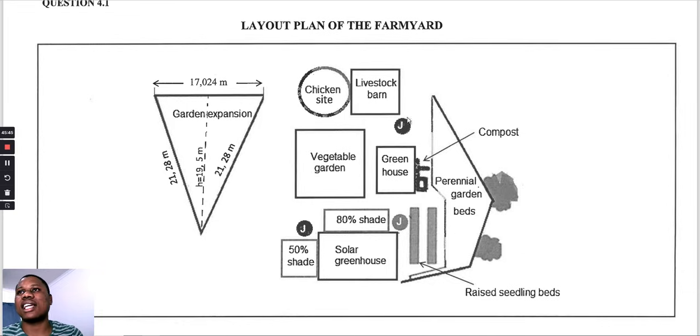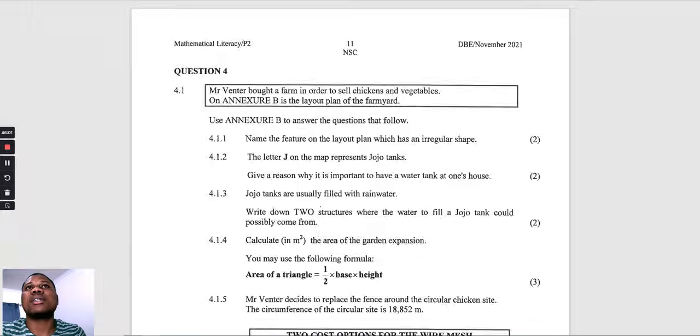Chicken side is the second, livestock square, vegetable garden is a rectangle, greenhouse, a rectangle. So which shape is this one? Okay, so we can say the only feature that is irregular there is the panel garden beds.